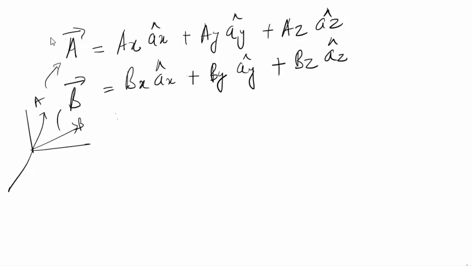When I take A dot B of these vectors, I am multiplying them, that is, magnitude A into magnitude B into cos of theta, the angle between the two vectors.